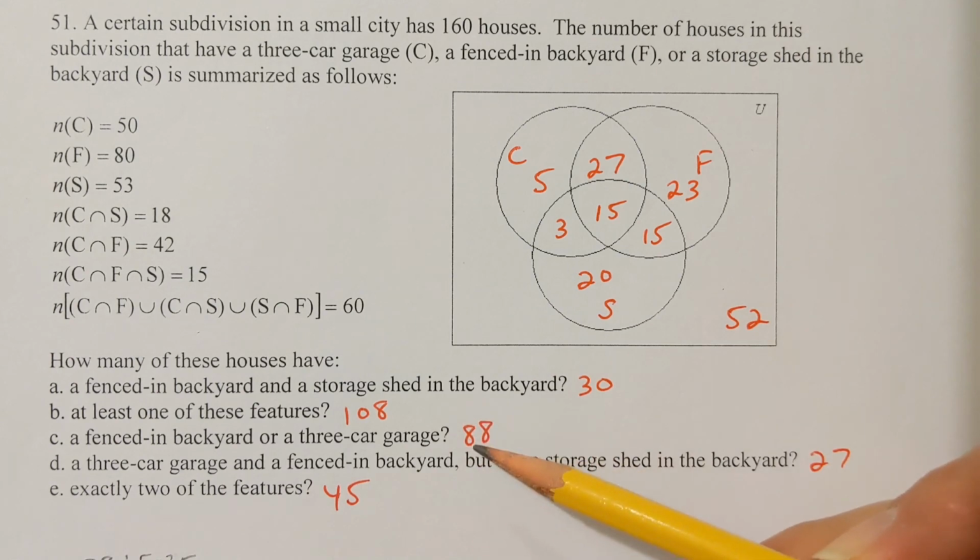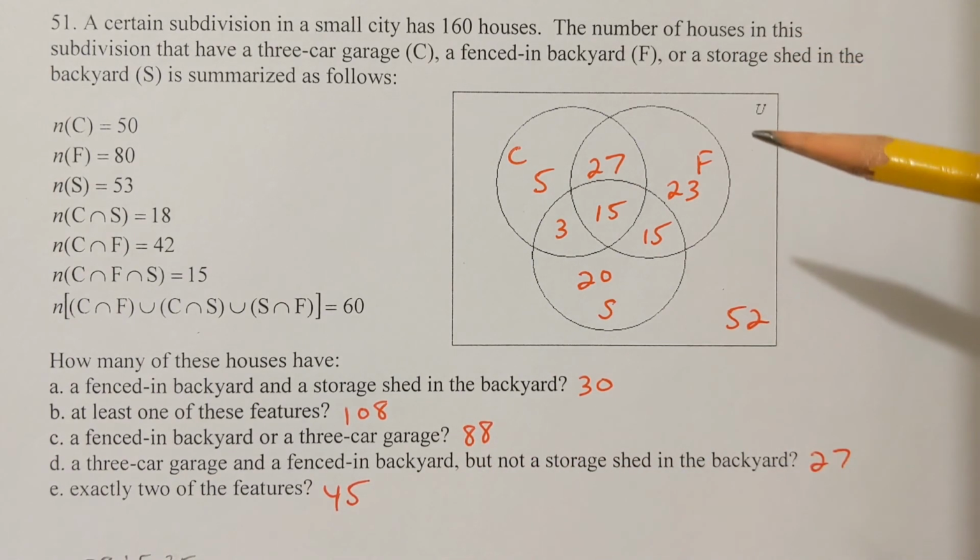So 88 total would be the answer. Part D, how many houses have a 3-car garage and a fenced-in backyard, but not a storage shed in the backyard?